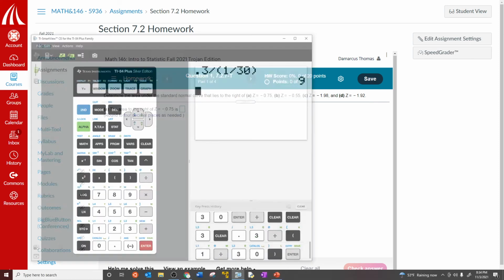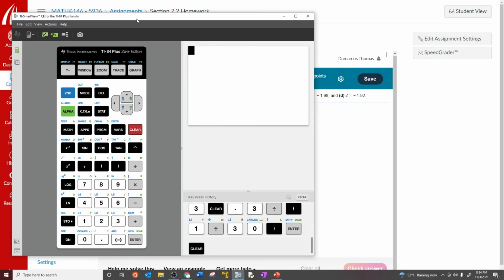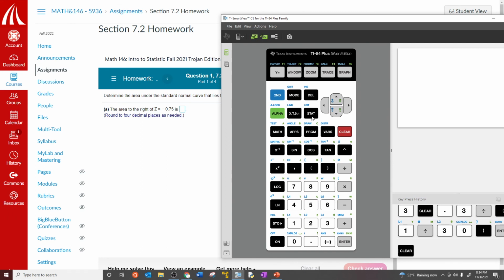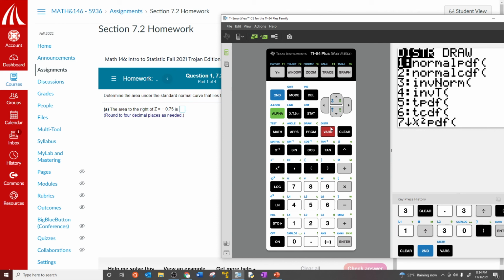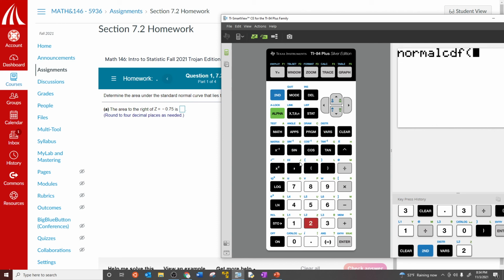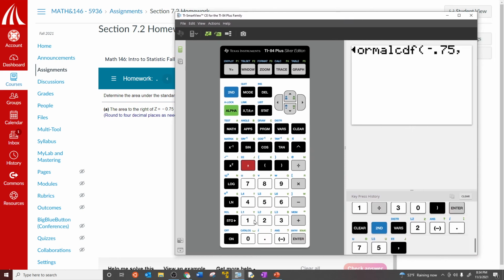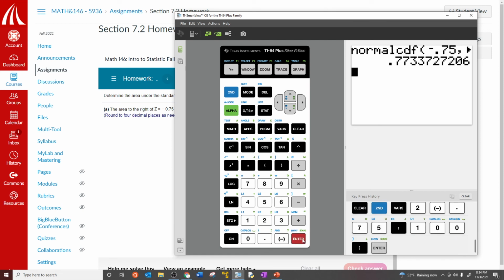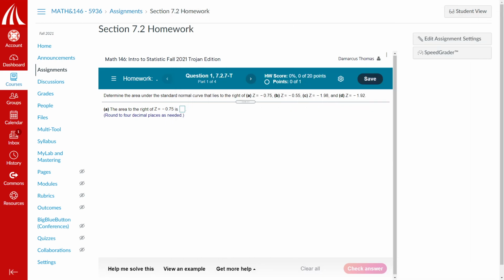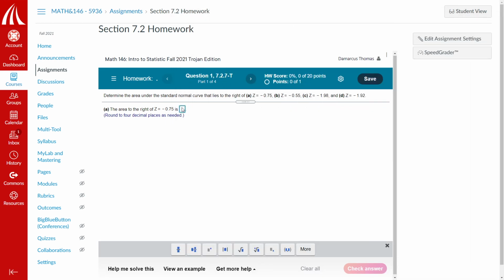And then our upper bound would be, so we're going to do normal CDF, negative 0.75, and then some really large number like 100. And we get 0.7733 or 0.7734.